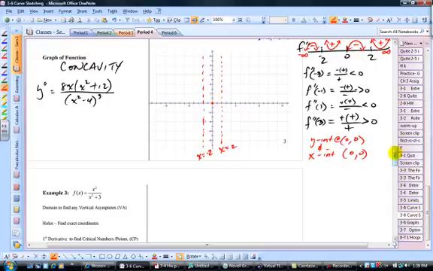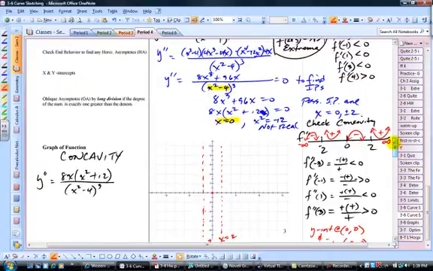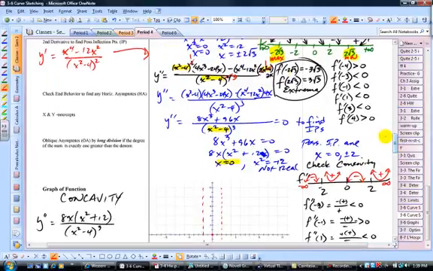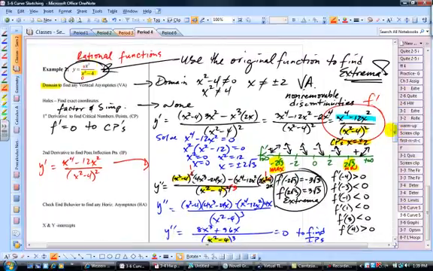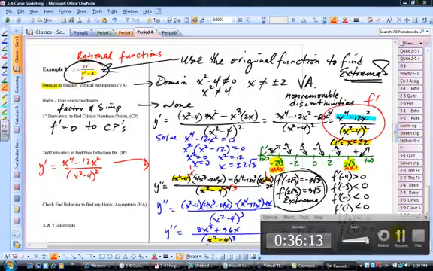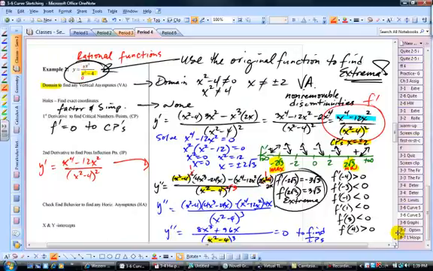We do have some extrema, so we have to evaluate those in a minute. But we also notice here that the degree of the numerator is 3 and the degree of the denominator is 2, so it's exactly 1 greater. So we do have an oblique asymptote.